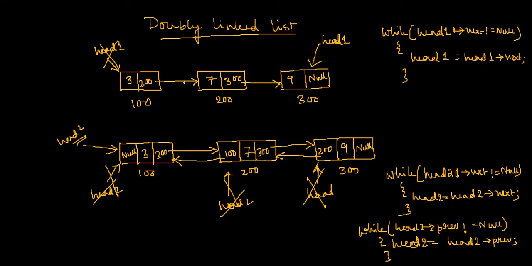For example, if I consider how the node of this doubly linked list will look, how can we express the node in code? Obviously I need a structure, right?